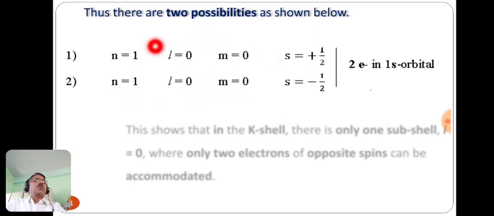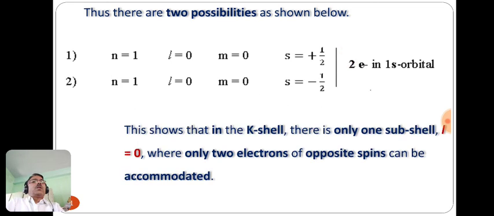these 3 quantum numbers, that is principal quantum number, azimuthal quantum number and magnetic quantum number, have the same values, but for the spin quantum number, one is plus half and the other is minus half. So this set of 4 quantum numbers is nothing but the address of the electron, or you can say the location of the electron.